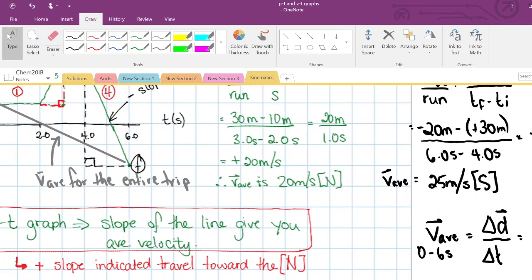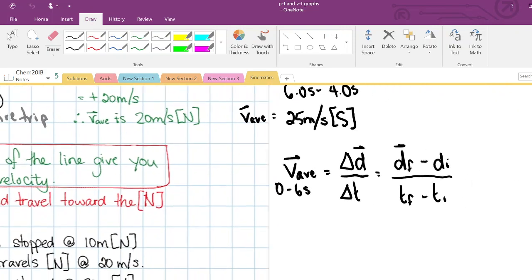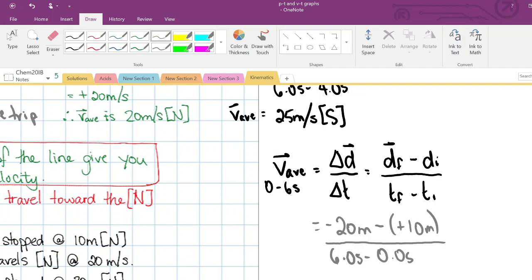So our displacement final, and I know it's final because my object starts here, so that's the initial, and this is my final because that's where the object stops. And my final happens at negative 20 meters, sorry. And my initial was at positive 10 meters. My final time is at 6.0 seconds, and my initial time is at 0.0 seconds.